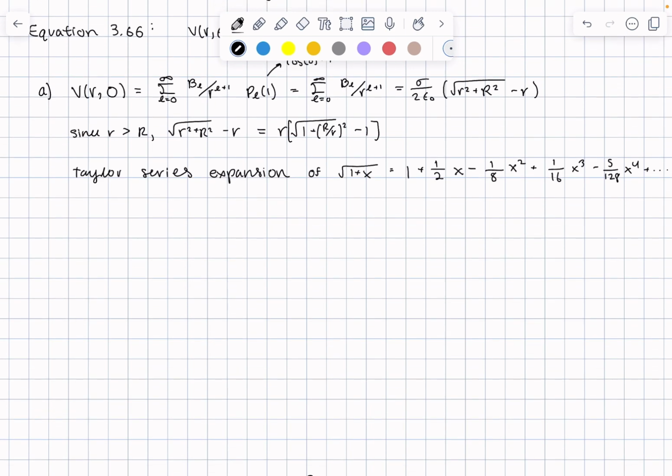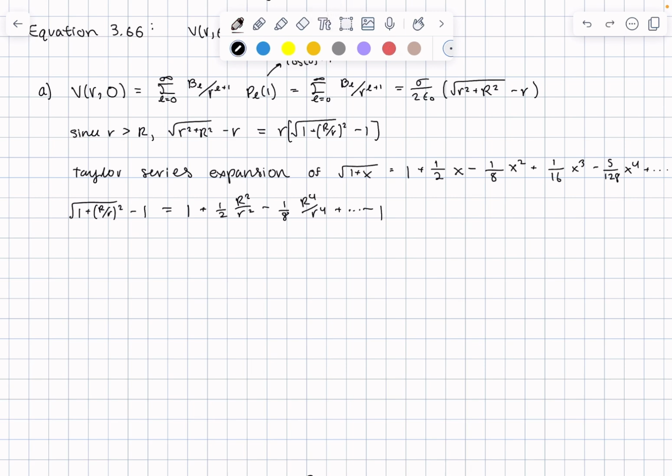So we can say that the square root of 1 plus big R over little r squared, minus 1, we can rewrite as 1 plus 1/2 big R squared over little r squared minus 1/8 big R to the 4 over little r to the 4, and then plus, continuing, and then minus 1 for that last part here.